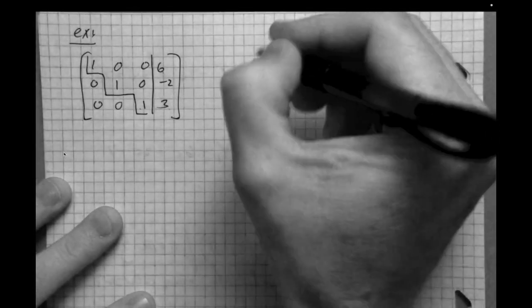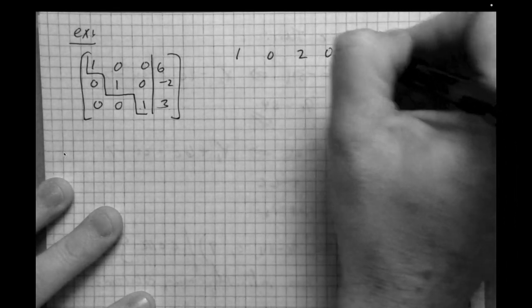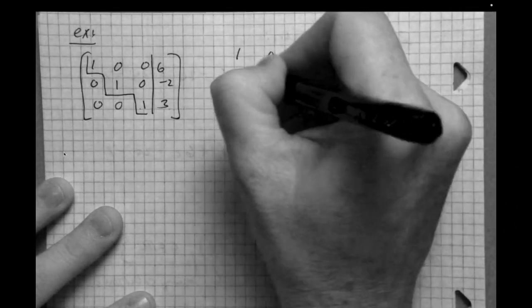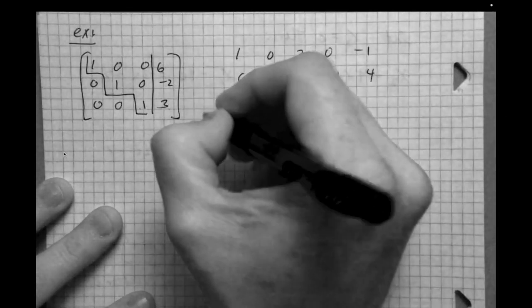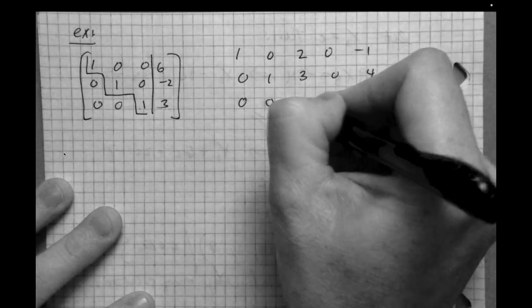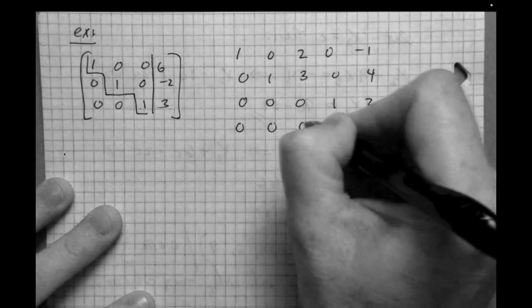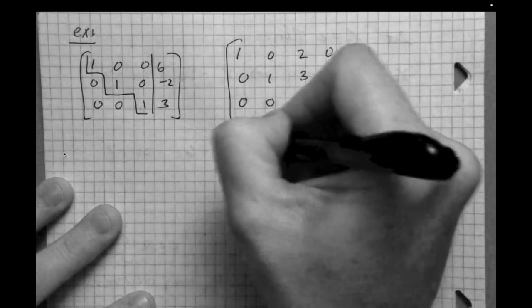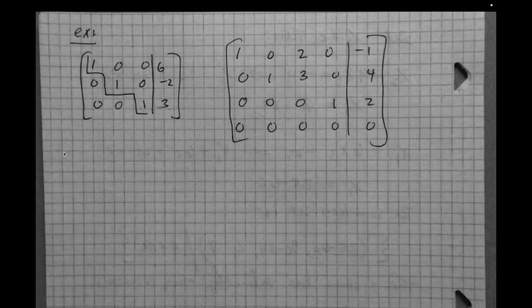Another example would be something like this: 1, 0, 2, 0, negative 1, 0, 1, 3, 0, 4, 0, 0, 0, 1, 2, and then all zeros at the bottom. This is going to fit the bill of reduced row echelon form as well.